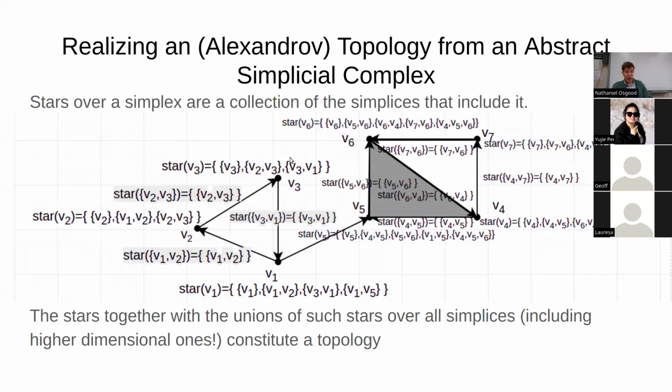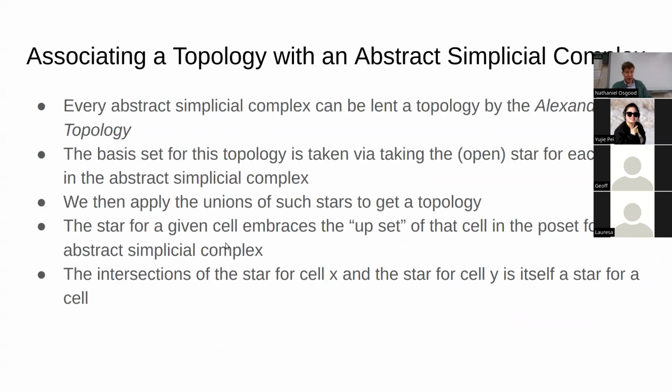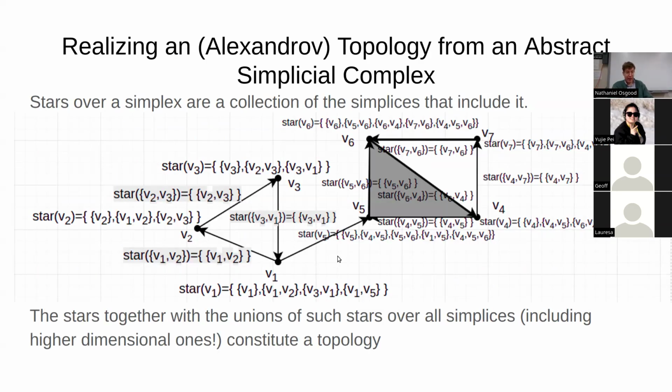Okay, so the idea is that for each simplex, we take its star, and then we take the union of all those stars, and we get a topology. And I've noted before that this reflects the fact that if we take the intersection of any of these, it's going to be the star of another one.